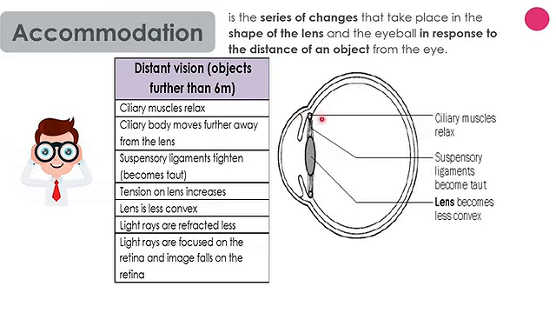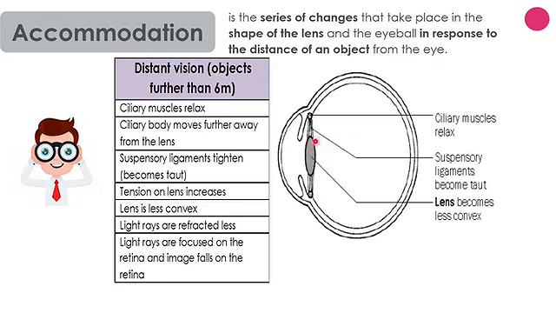Because the ciliary body moves further away from my lens, the ligaments that hold this lens in position will tighten. The tension on the lens will increase, and that means that the lens will become less convex.